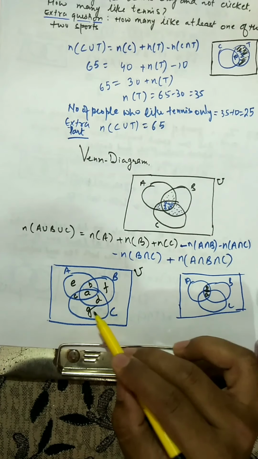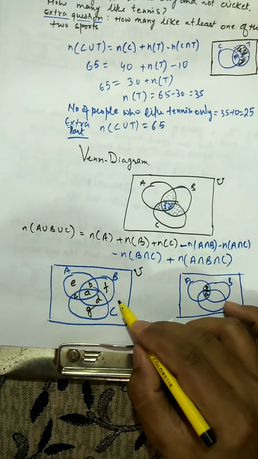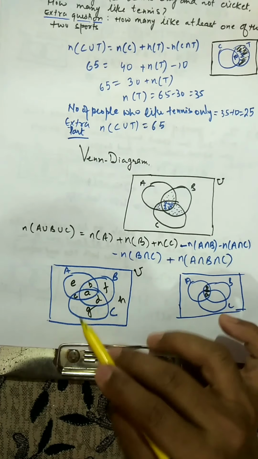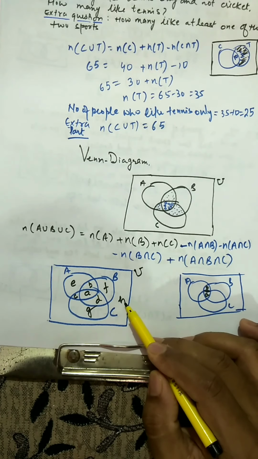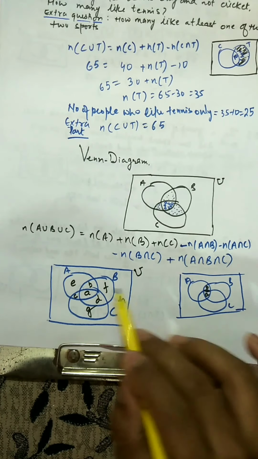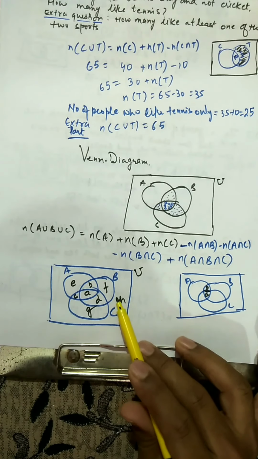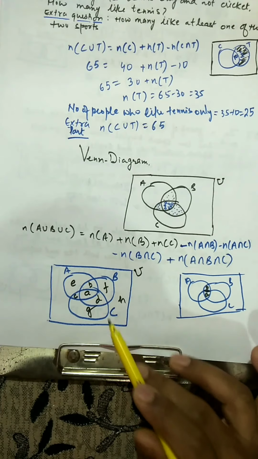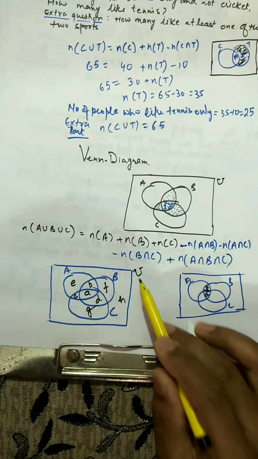So g is the area which is representing C only. And this is h, the area which is not coming under any of the circles A, B, C. This is the area where elements are not belonging to any of the three sets, and it is belonging to the universal set.